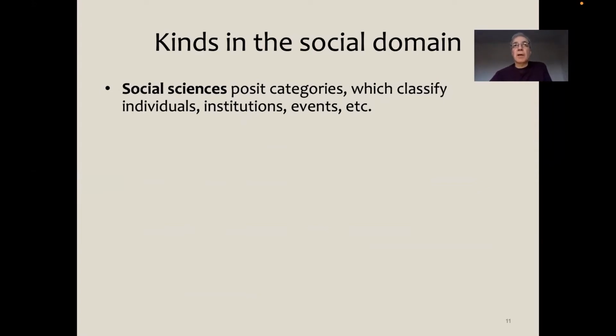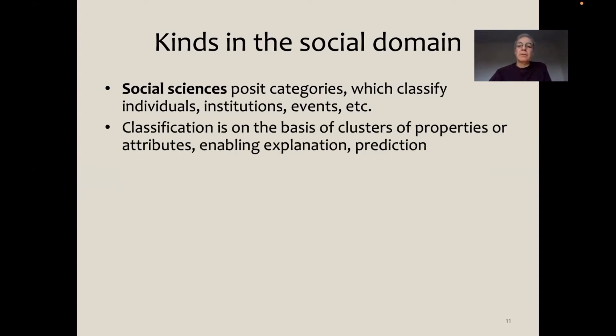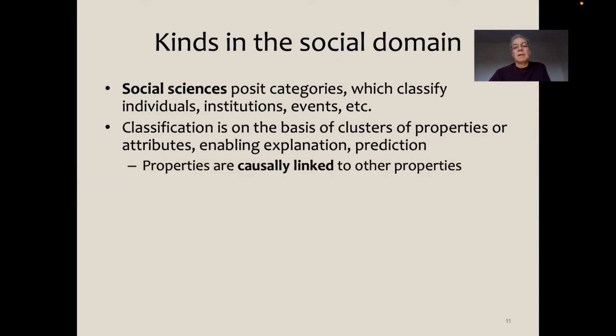They also try to come up with categories on the basis of which they classify individuals, institutions, events, and so on in the social realm. And here too, classification seems to be largely on the basis of clusters of properties or attributes that enable us to explain and predict. And again, these properties are causally linked to other properties. That's why they're so useful in prediction and explanation.